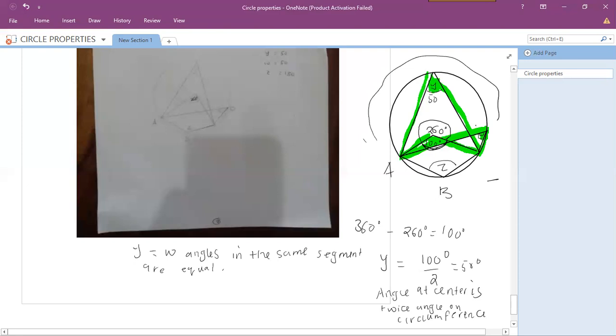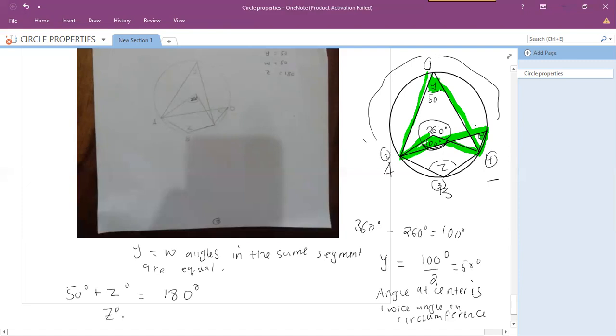Then angle Z here, we know that this is a cyclic quadrilateral because all the vertices, vertex 1, vertex 2, vertex 3, and vertex 4 are all on the circumference. And opposite angles in a cyclic quadrilateral add up to 180 degrees. So if I add Z and 50 degrees, so 50 degrees plus Z degrees should give us 180 degrees.